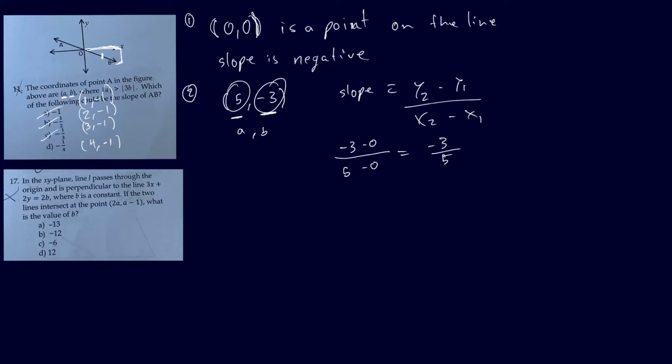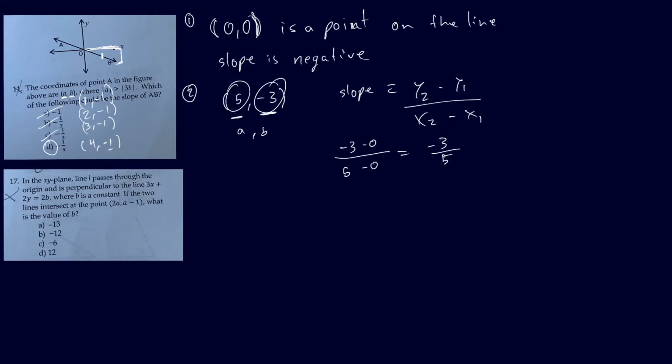And then D works, because 4 is greater than 3 times the absolute value of b, which is just 1. So 3 times 1 is 3, 4 is greater than 3, and therefore D is the answer.